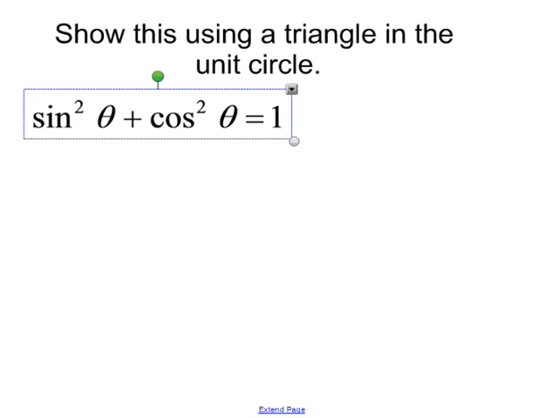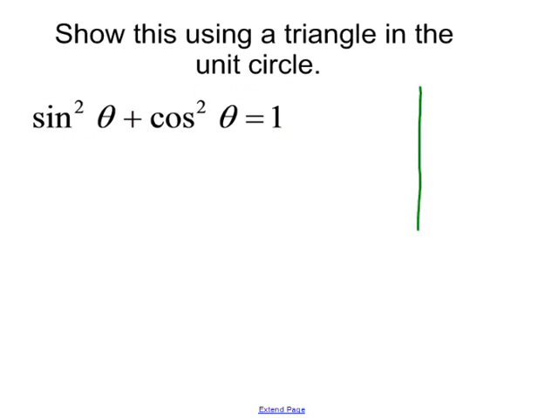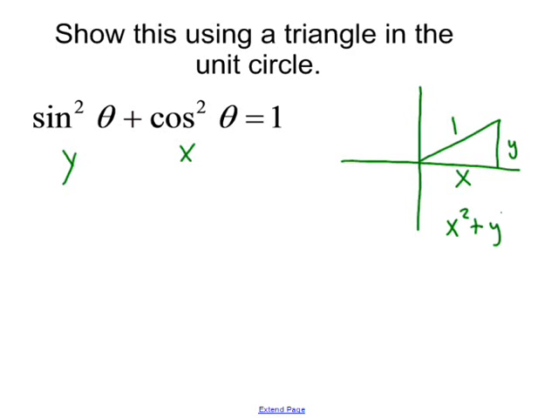And let's just look at that as far as your unit circle goes. So we know our unit circle, our hypotenuse is always 1. We know that cosine generally represents x, sine generally represents y. So if you're looking at this, it makes sense that x squared plus y squared equals 1.